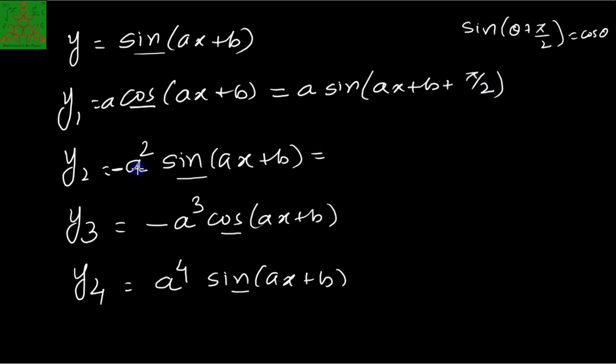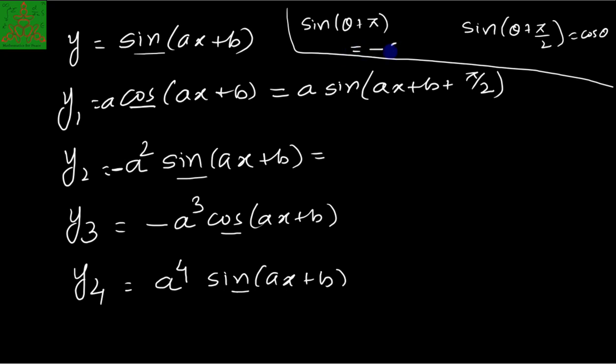In a similar manner, we have the formula sine theta plus pi equals minus sine theta, because theta plus pi changes its quadrant. If theta is in the first quadrant, then this is in the third quadrant, and so sine will change sign.